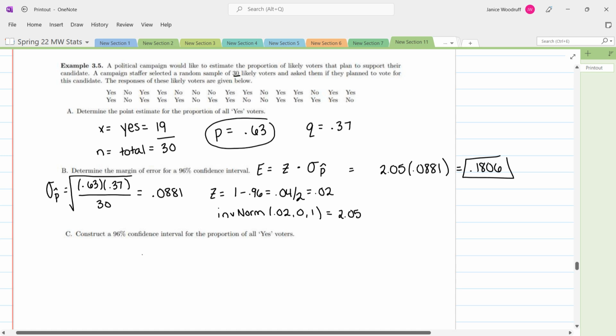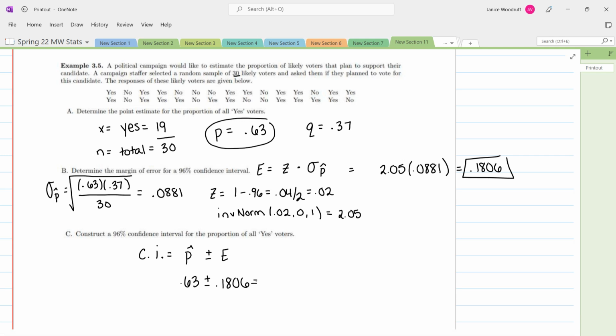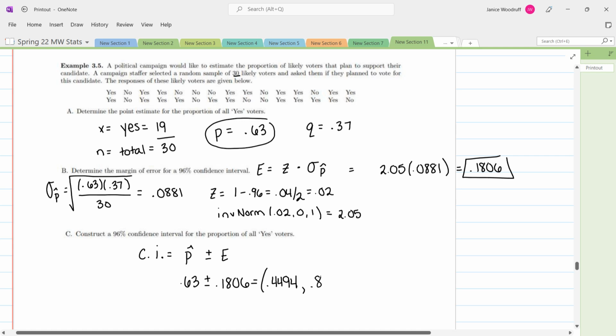Then our confidence interval will be p hat plus or minus E. So 0.63 plus or minus 0.1806. 0.63 minus 0.1806 is 0.4494. And then 0.63 plus 0.1806 is 0.8106.